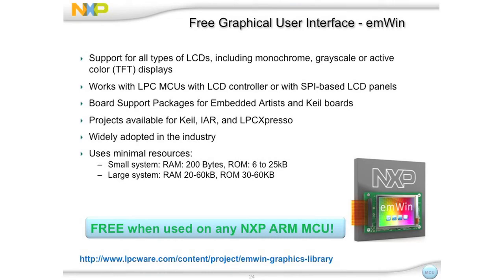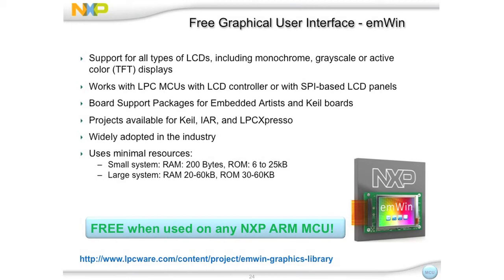So emWin, if I want to go into a little more detail about that, it is a graphics library, and one of the nice things about it is that it supports all different types of LCDs. It doesn't matter if you use a monochrome, grayscale, or a color LCD. And you can use it with either our parts that have LCD controllers on board, or if you use a part that does not have an LCD controller on board, you can use it with just any SPI-based LCD panel.